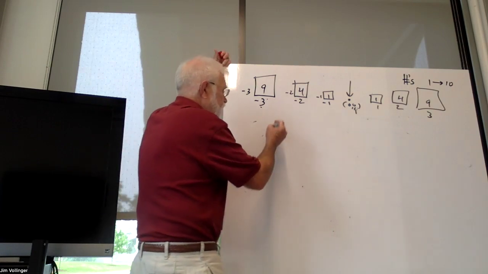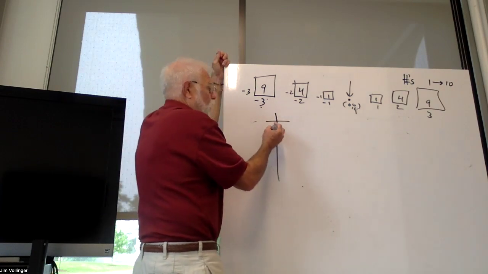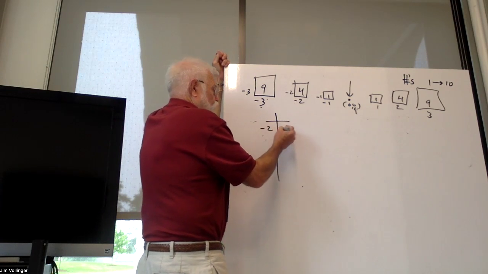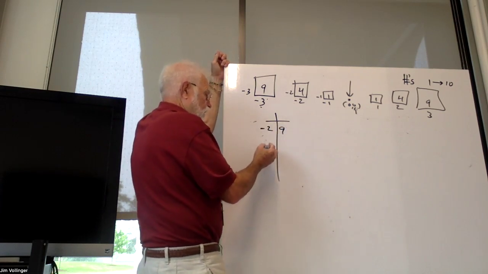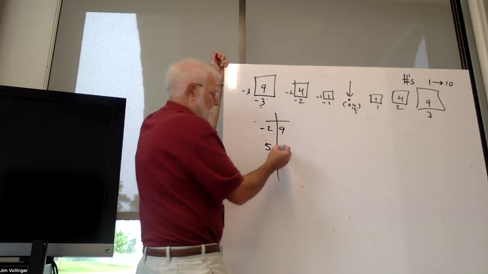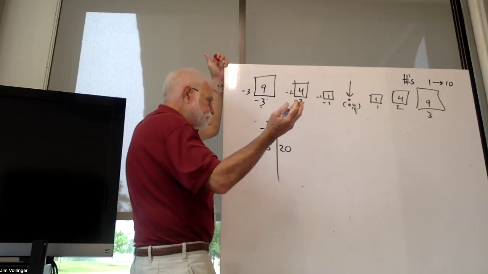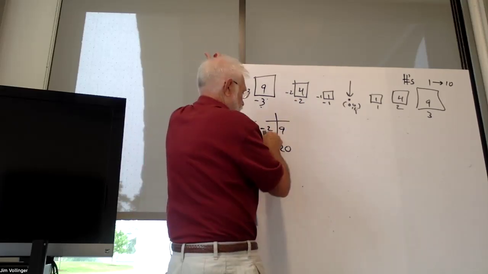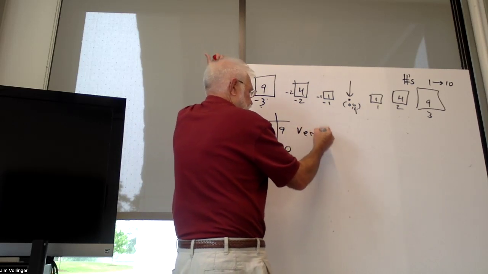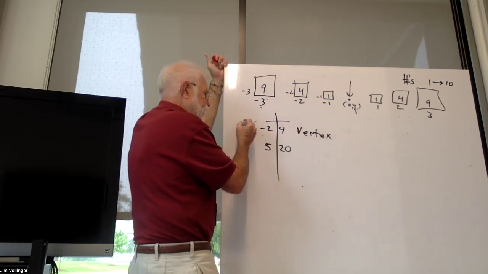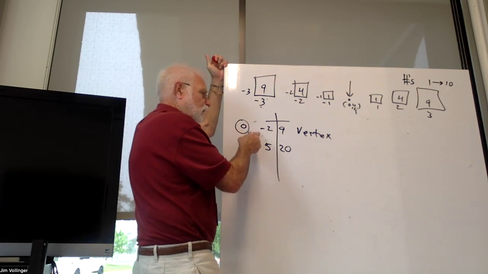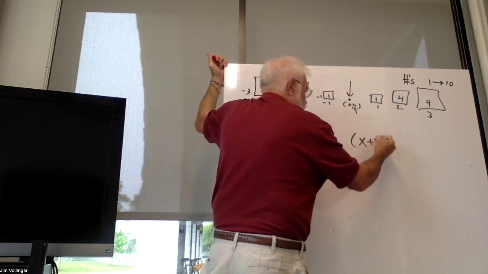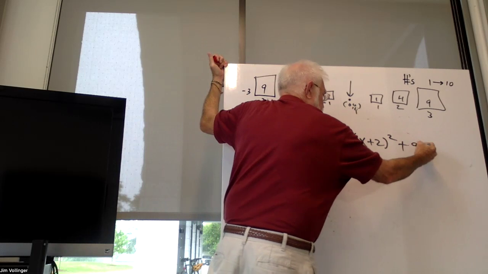Okay, so let's look at how about a vertex of -2, 9. And let's go to 5, 20. Okay, so what do I see? I see if this is the vertex, then that number acts like a 0. It needs to act like a 0. So I've got x plus 2 squared plus 9.